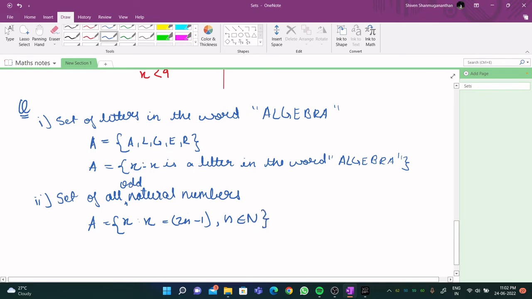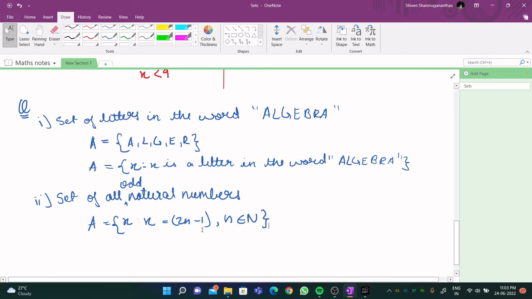Okay, so this 2n minus 1 represents odd numbers, as this could be 2n plus 1 as well. Just to clarify, 2n minus 1 gives you an odd number and we have stated that this resultant number should be a natural number as given in the question. Fine.